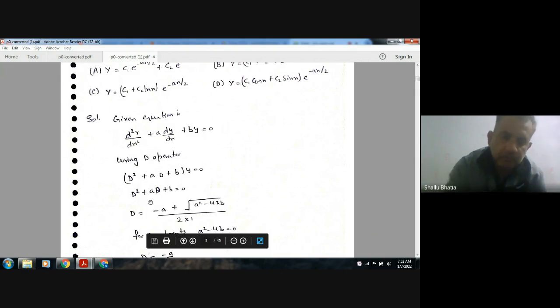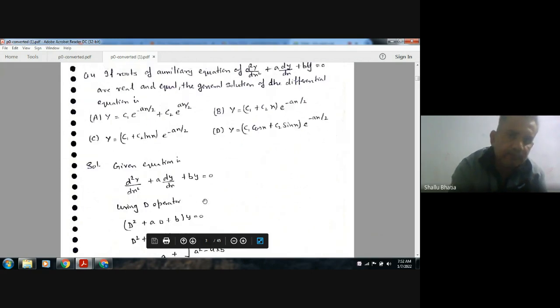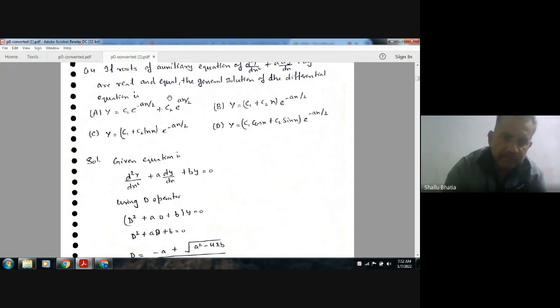As the roots are equal, a square minus 4b should be 0. It is given that the roots are equal, so a square minus 4b will be 0. So the roots will be minus a by 2 and minus a by 2.